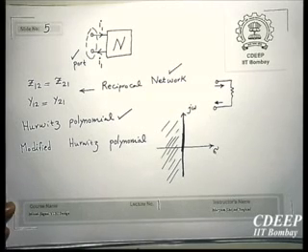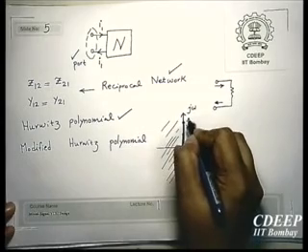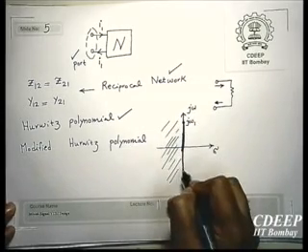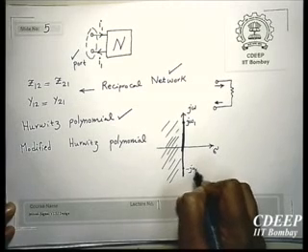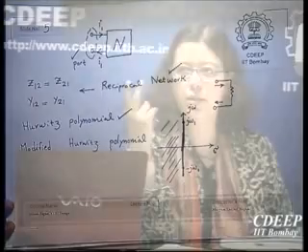You will have one root, for example, at j omega 1 and minus j omega 1. You don't have two roots at j omega 1 or minus j omega 1. So the multiplicity factor for roots on the j omega axis is 1. That is called a modified Hurwitz polynomial.